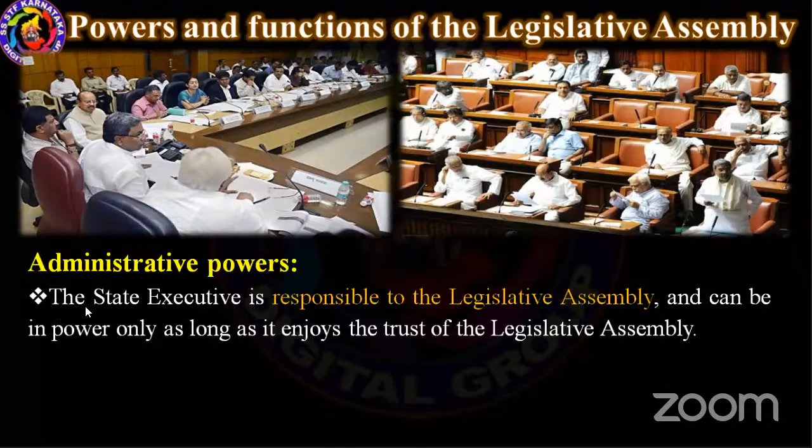Why is the state executive, the public administration body, responsible to it? Because the laws and policies are formed through the legislative assembly, and the executive implements them effectively, whether at the state, district, taluka, or gram panchayat level, and can remain in power only as long as it enjoys the trust of the legislative assembly.